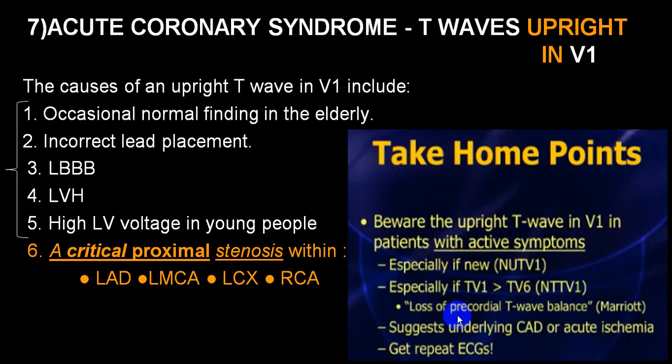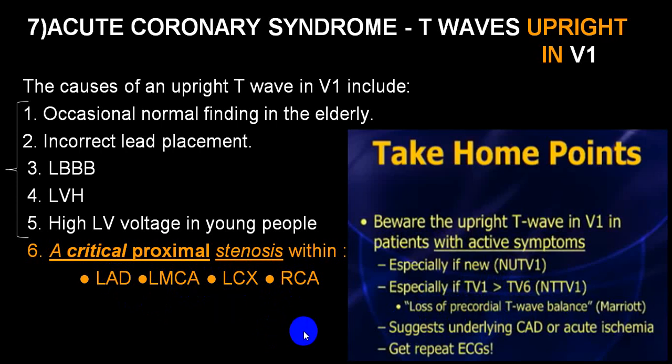Or we say loss of precordial T wave balance. This word is being utilized. Normally T wave in V6 is always taller than V1. So if now T wave in V1 becomes taller than V6, we call that a loss of precordial T wave balance. And this suggests LAD, LMCA, left circumflex, or even RCA, we call triple vessel disease.